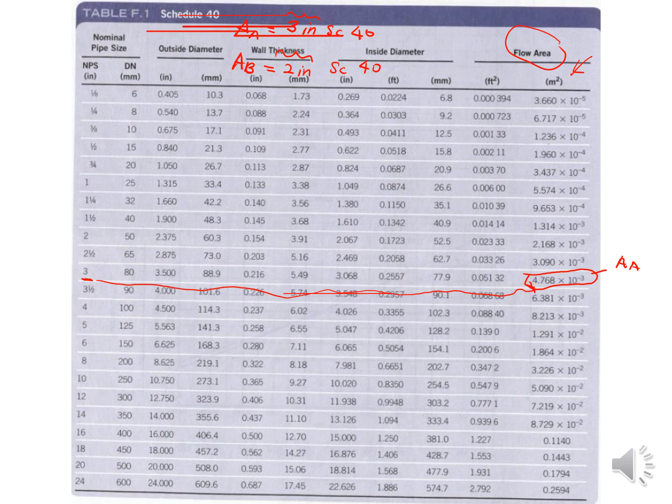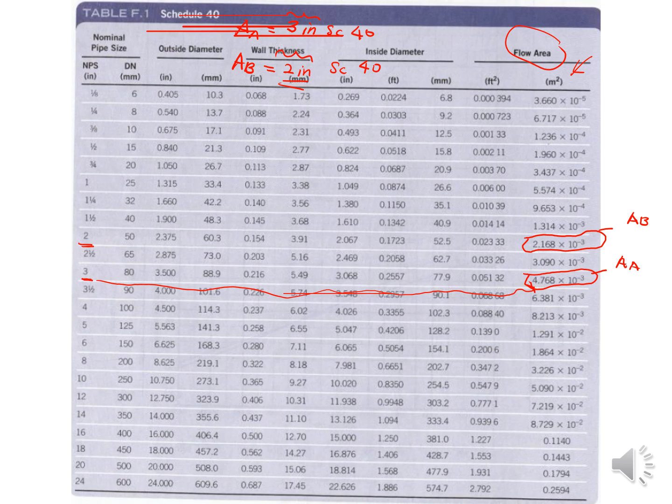Meanwhile, for area at B, which is using the 2-inch schedule 40, the area is 2.168 times 10 to the power of -3. This is our AB.